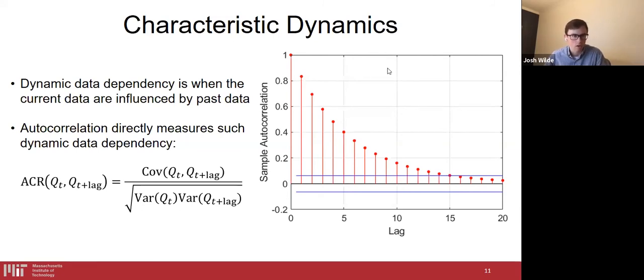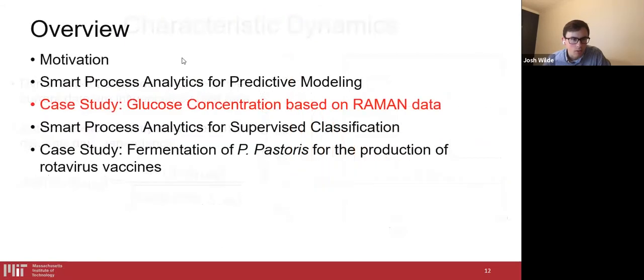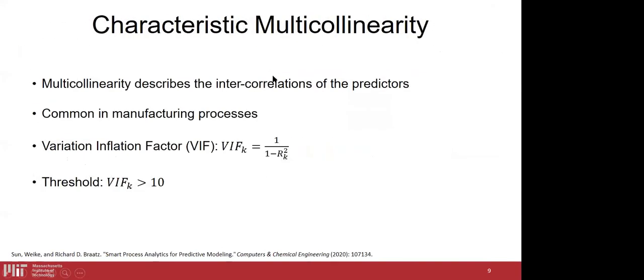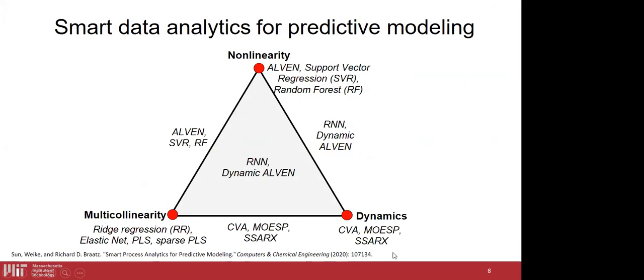So I guess maybe we should go back to the triangle and see what you're trying to capture with the dynamics, like which models are chosen with dynamics. Dynamic models actually do have that function that they oftentimes consider. They consider the inputs, they consider time lags of the inputs, and they also consider time lags of the outputs.